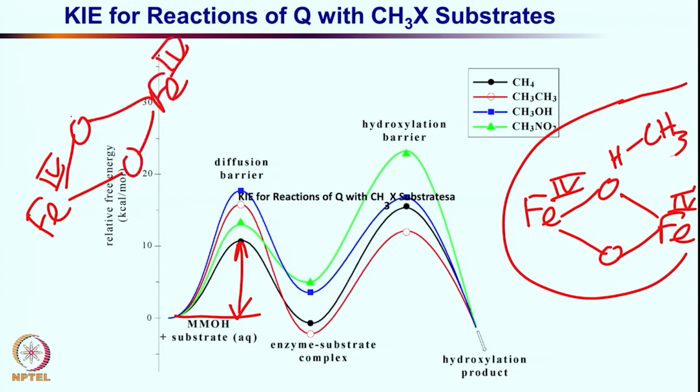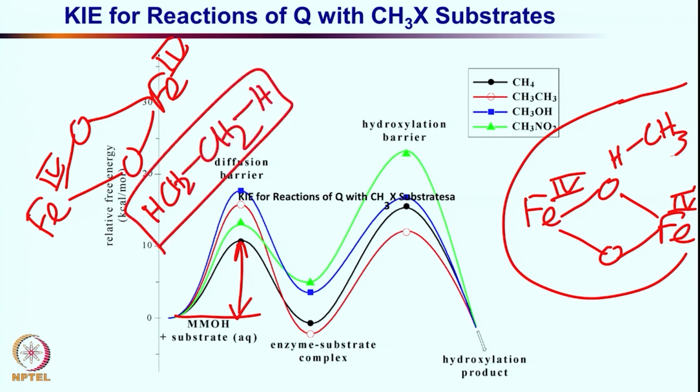See, this is the same intermediate as this, but if you have CH3CH3, that means the ethane, this approach towards this is not very easy, and this diffusion step is becoming the rate determining step.